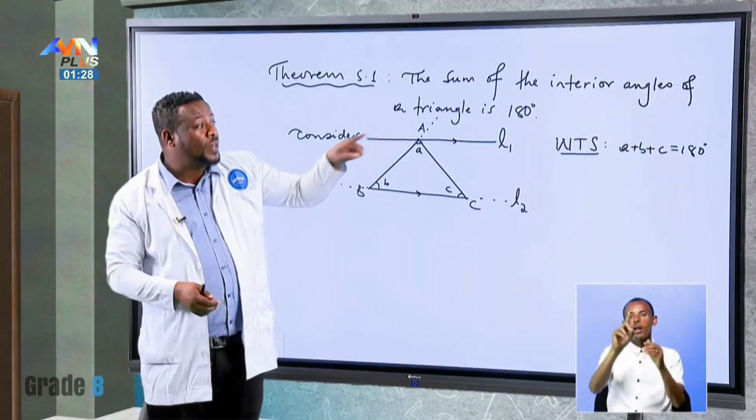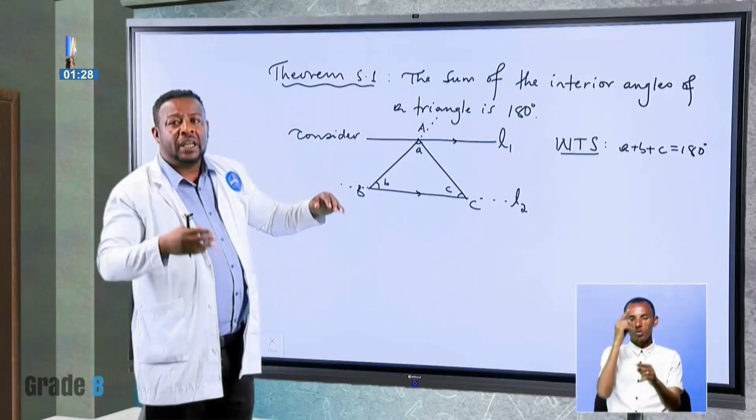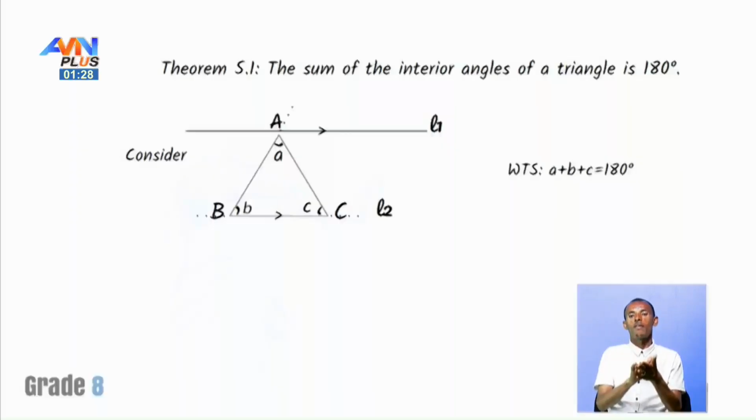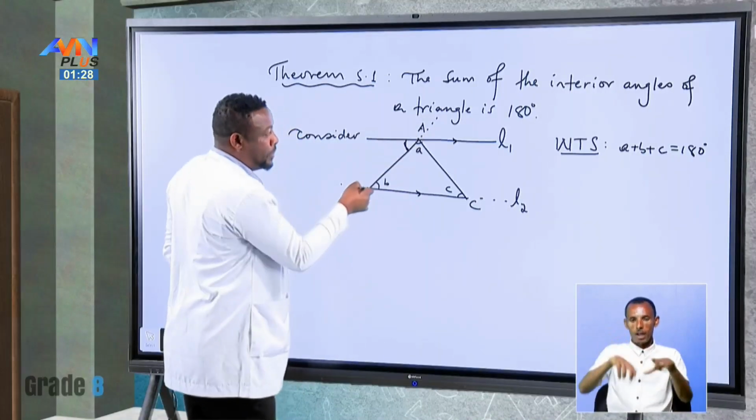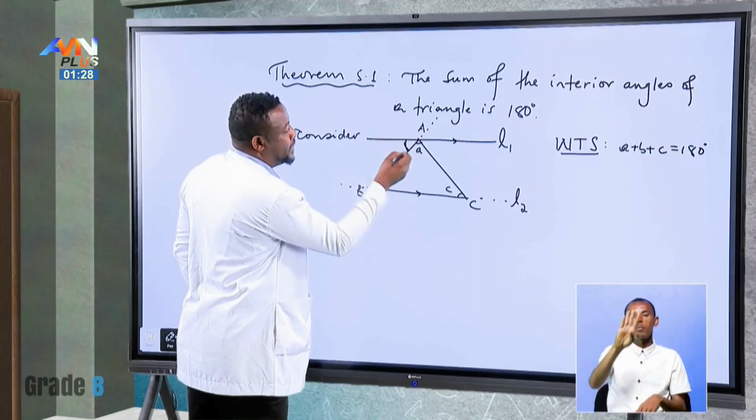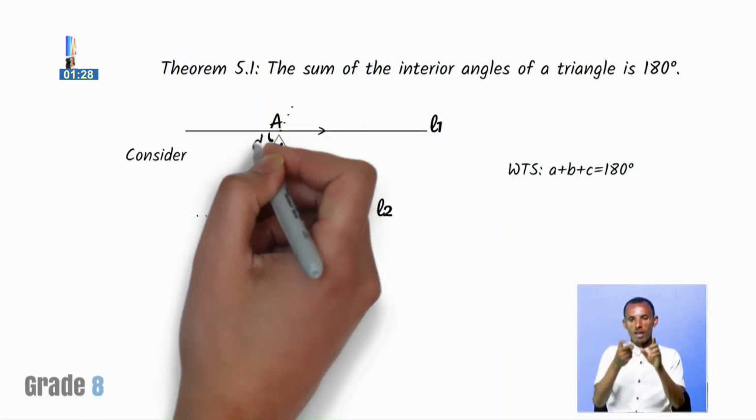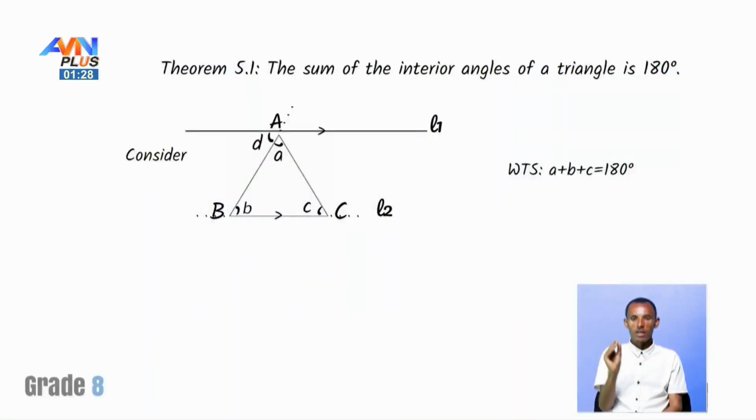To prove that fact, let us consider the angle between the line L1 and BC. Say that angle is D, and assume this other angle is E.